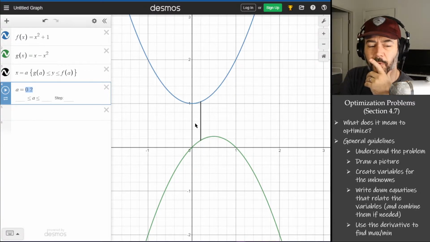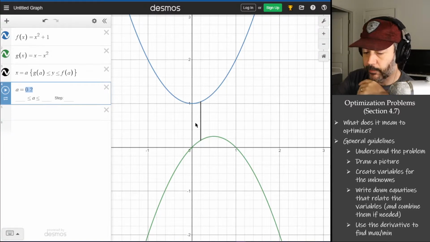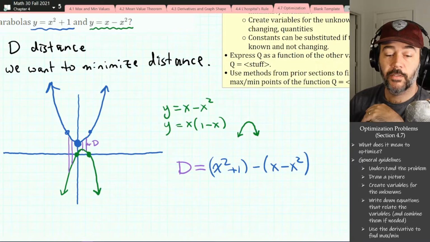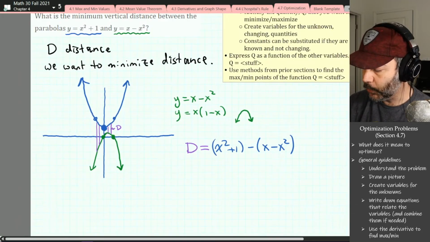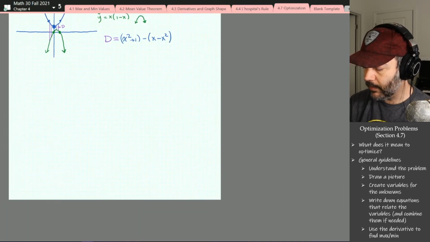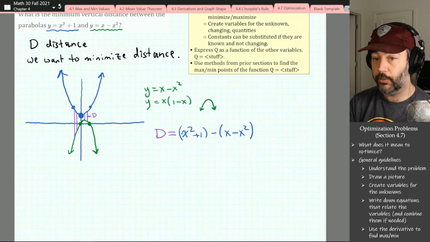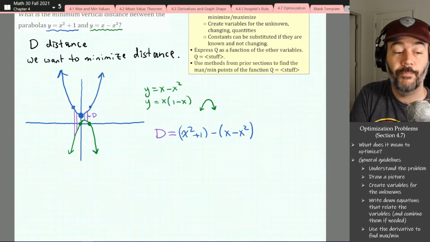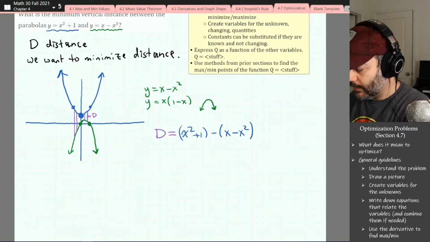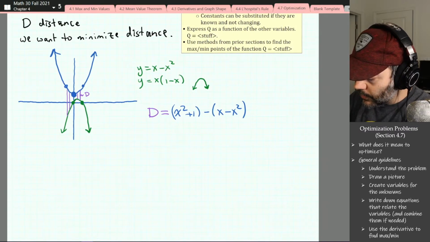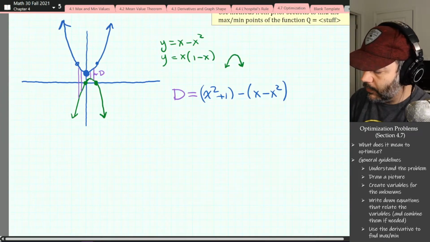So somewhere around 0.2, it looks like the distance between the two is minimized. Okay, so back to the handwork. That's just a way of looking at the problem, and I will include a link in the notes to what I just did so that you can look at it once I post the notes.